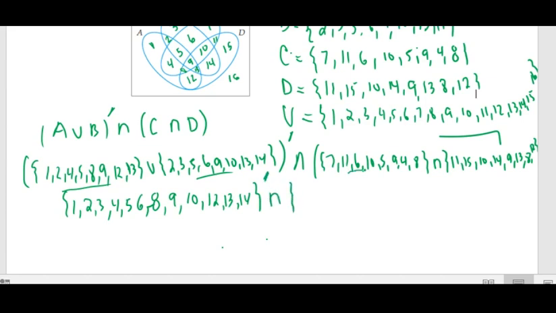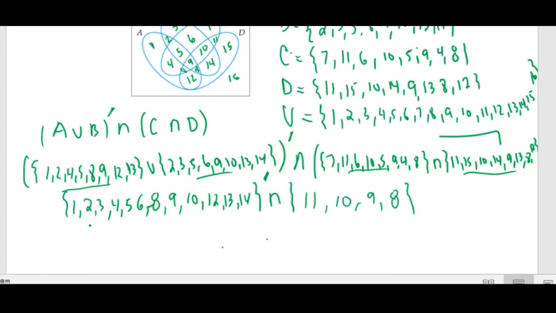Then here we want to take the intersection of these two. What do they have in common? 7, no. 11. 6, no. 10. 5, no. 9. 4, no. 8.